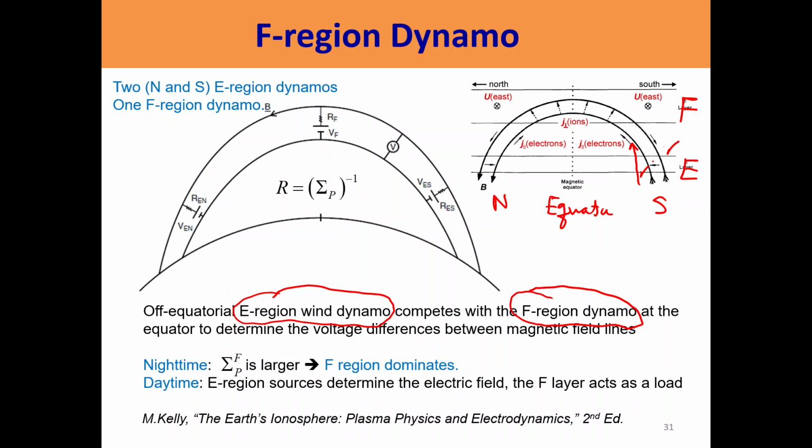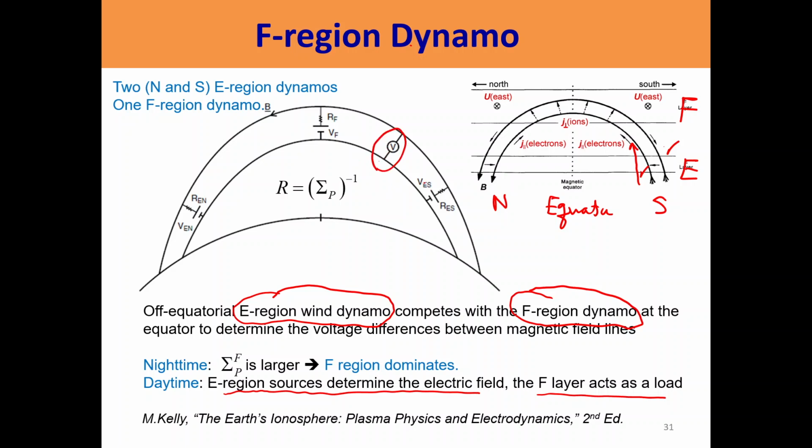What happens is, for example, during daytime, you have the E region like a source of electric field, and the F region acts like a load. So there is some connection between these lines.